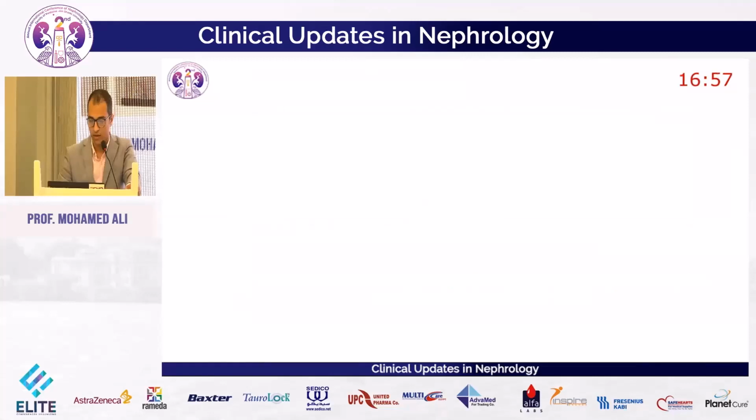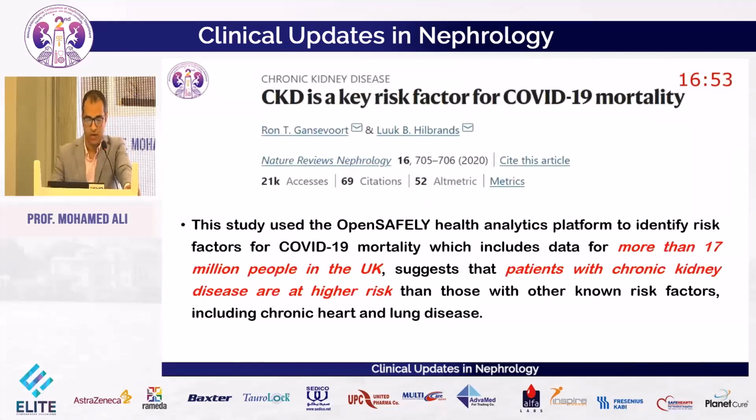What about the mechanism of action of COVID-19 vaccines? The main aim of COVID-19 vaccines is to establish immunity to the spike protein of SARS-CoV-2.